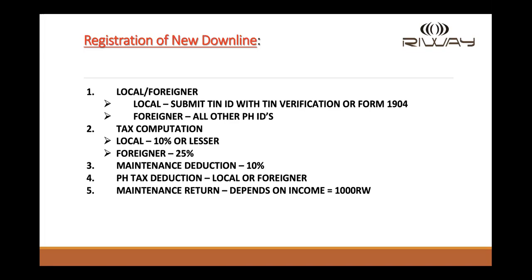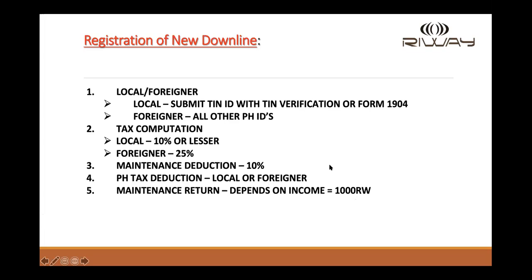And if your income for the month of December does not exceed 1,000 RW or 37,000 pesos, this 10% would be returned to you at midnight of the 30th, the last day of each calendar month.